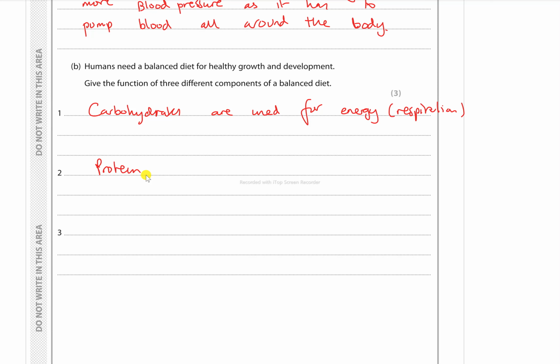Proteins, these are the simple ones. Proteins are used for growth or repair of cells or body.